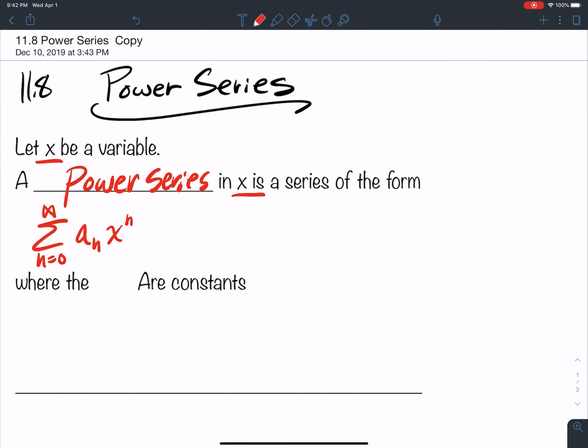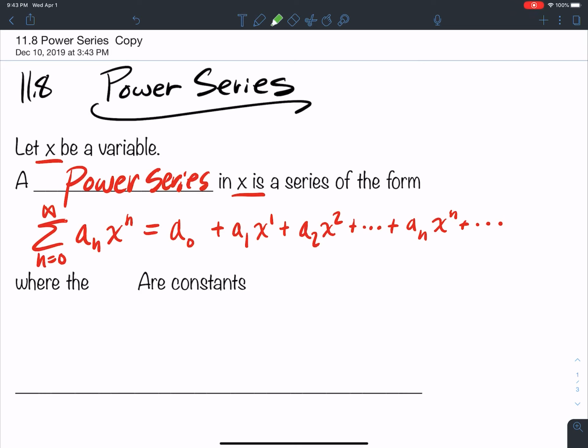When n equals 0, that's a_0, then x to the 0 is really just 1, so that's just a_0, plus a_1 x to the 1, plus a_2 x to the 2. And what's happening here? My power is building up. Each term I go into the sequence and I add everything up becomes the series. This is the nth term, x to the n, and then I just keep going forever and ever to infinity.